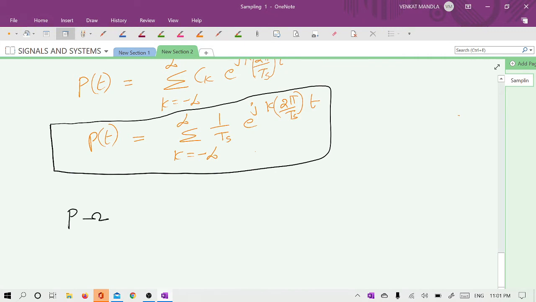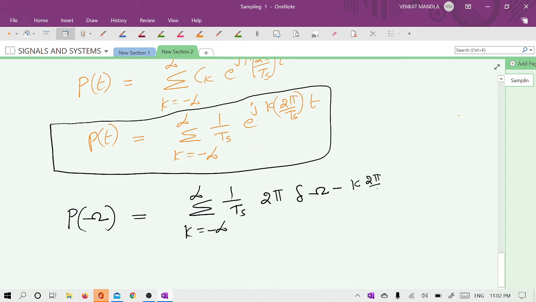Let's say P of omega is sigma k equals minus infinity to plus infinity, 1 by Ts e power j omega naught t has Fourier transform 2 pi del of omega minus omega naught, where omega naught is k times 2 pi by Ts.